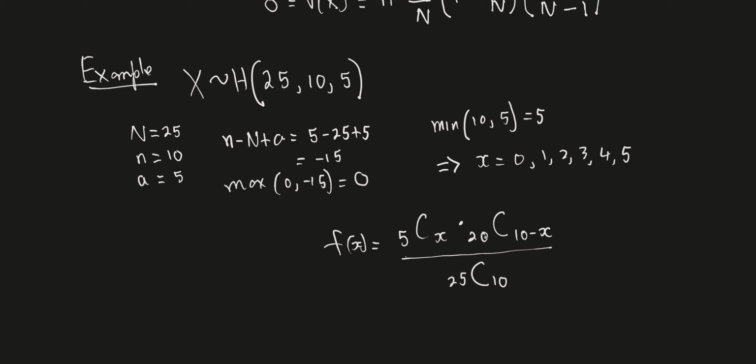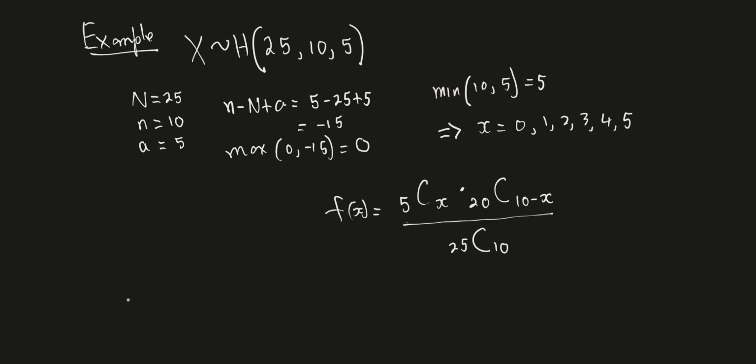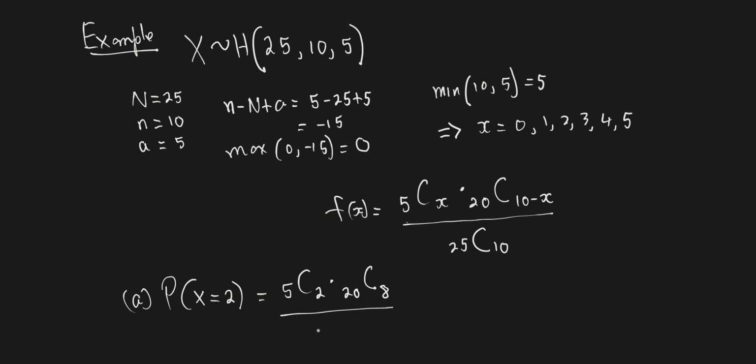All right, so let's do part A. Suppose we want to figure out the probability that we will observe exactly 2 successes. Out of a sample of 10, that means we would have 8 failures. So it's just a matter of evaluating now. We're going to have 5 choose 2, and then out of the remaining 20, we're choosing the 8. And then that's divided by 25 choose 10.